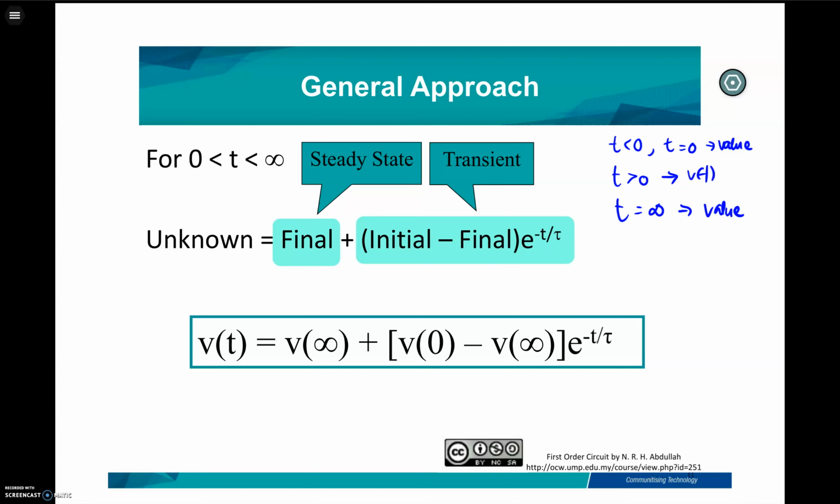We call this one the initial, and here is the final. As you can see, this is the final value, the initial value, and it's also a value, and then the unknown will be here, the V(t).